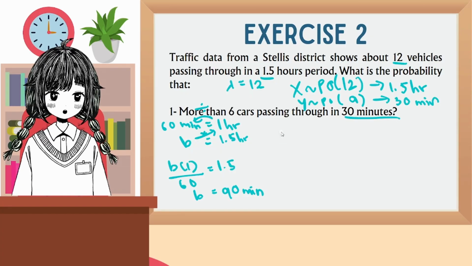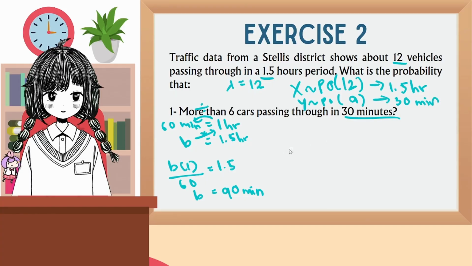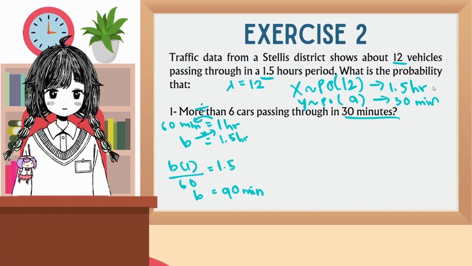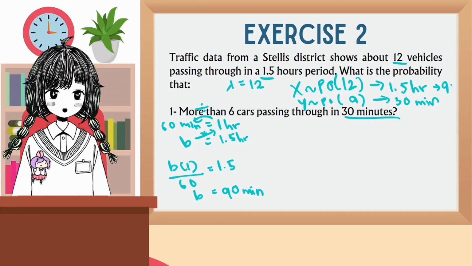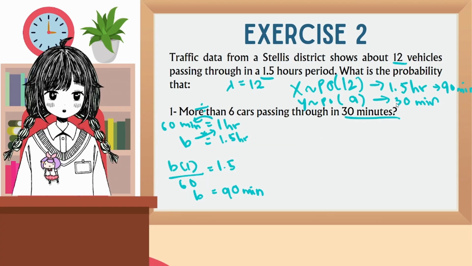So now that we know 1.5 hours is the same as 90 minutes, we use the same method as before to solve this as well.